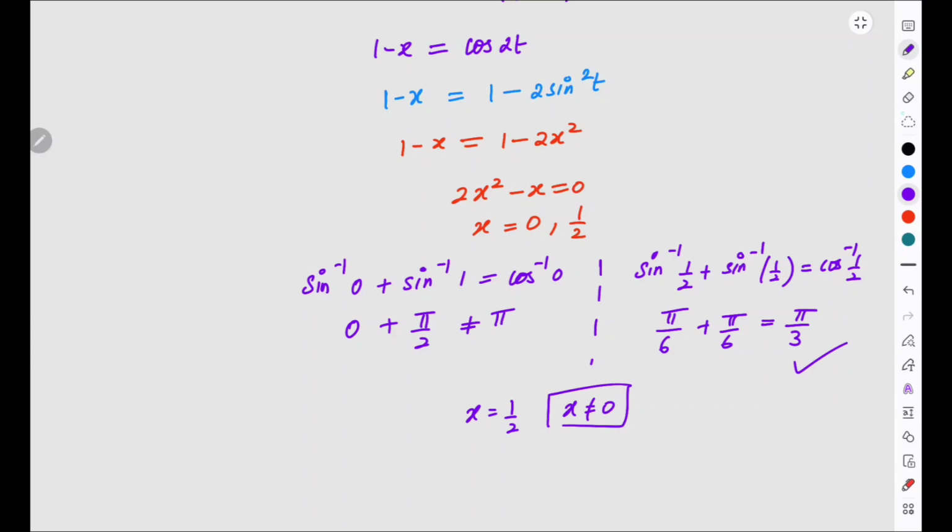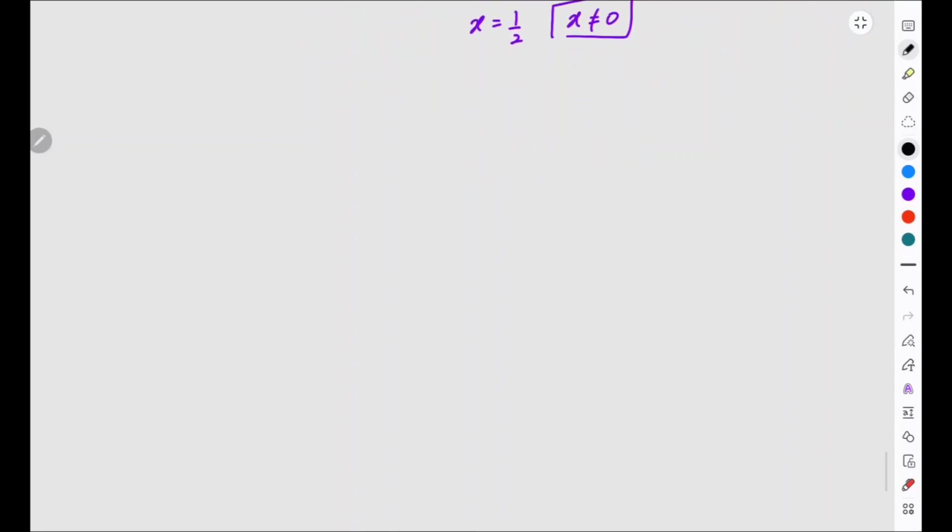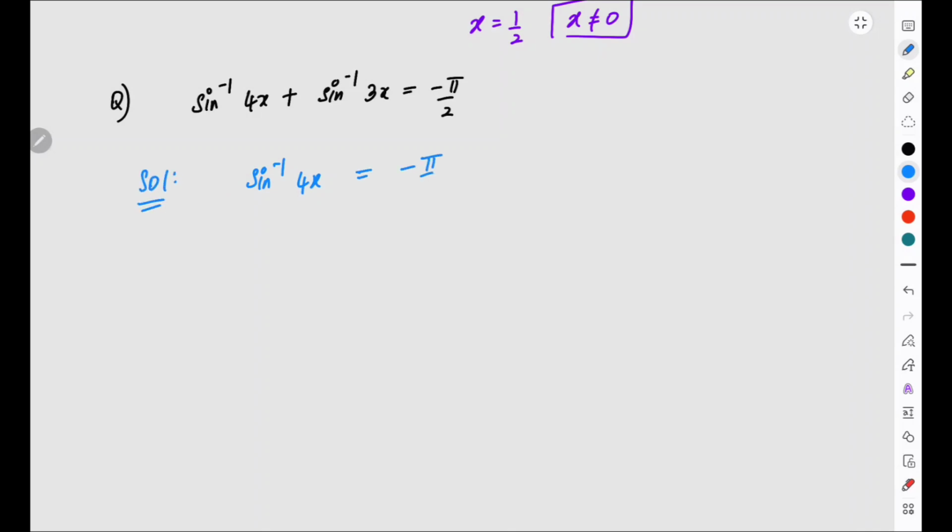And moving to the next question, we have sine inverse 4x plus sine inverse 3x is equal to minus pi by 2. So this is our question. So here we can treat this one as sine inverse 4x is equal to minus pi by 2 minus sine inverse 3x.